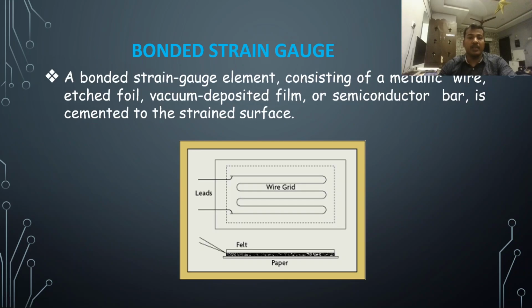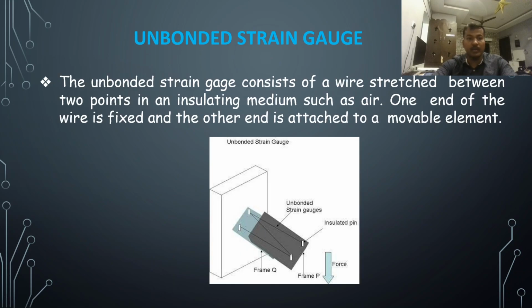There are basically two types: one is bonded and the other is unbonded. Bonded means it is cemented to a strained surface. It consists of a metallic wire, etched foil, vacuum deposited film or semiconductor bar cemented to the strained surface. Cemented means it has been laid over the surface, but in the unbonded type it is not bonded.